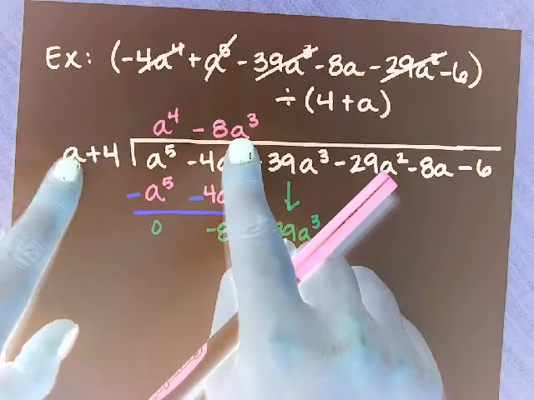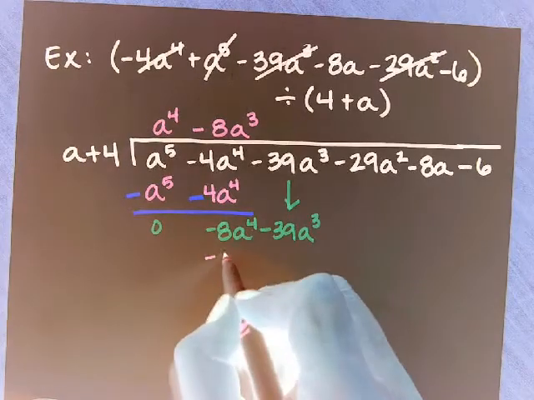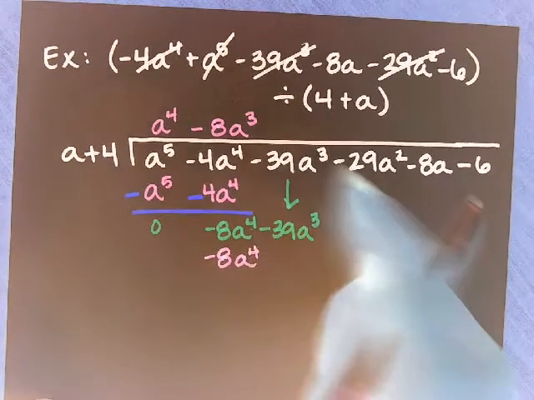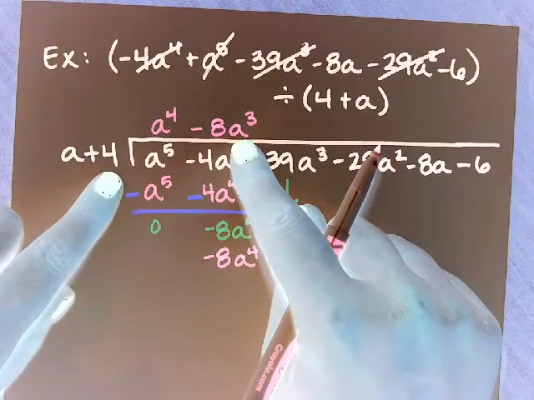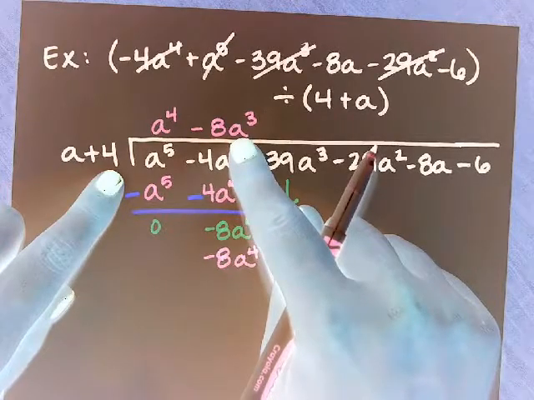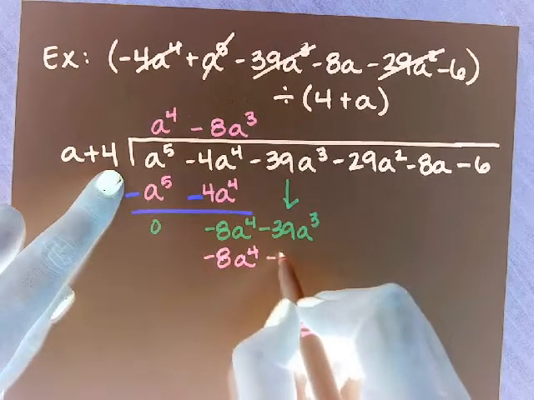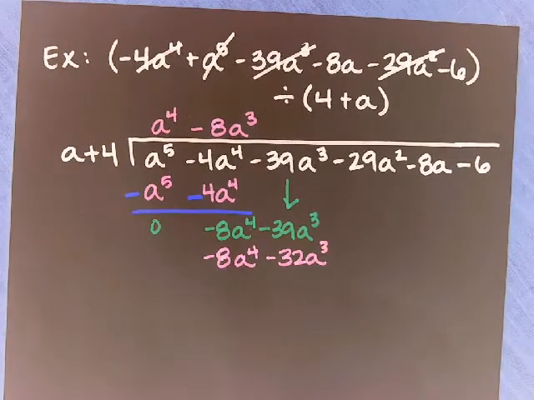Negative 8a to the 3rd times a is negative 8a to the 4th. Negative 8a to the 3rd multiplied by 4 is negative 32a to the 3rd. Okay. And then what do I do?